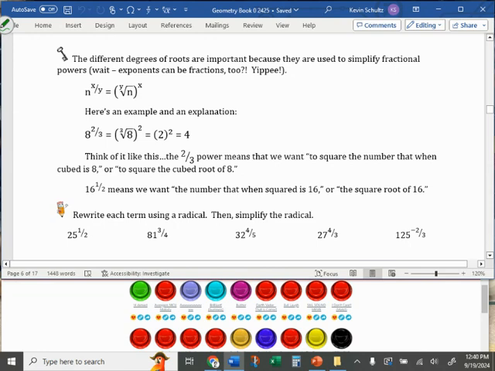Here is an example. This goes on a help sheet because this tells you where all the pieces go. Any base to the x over y power, right? You got a fraction there. X is the numerator, y is the denominator. Any base to the x over y power is equal to that base, where the degree of the root is the denominator.